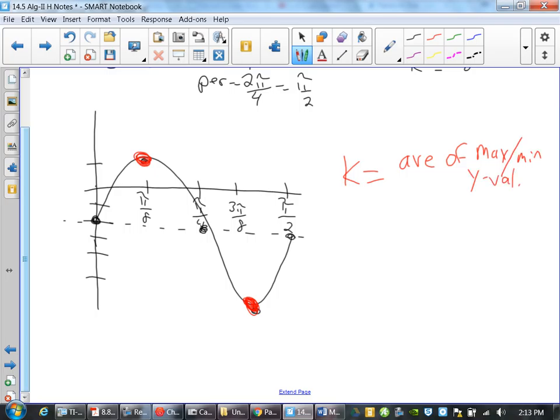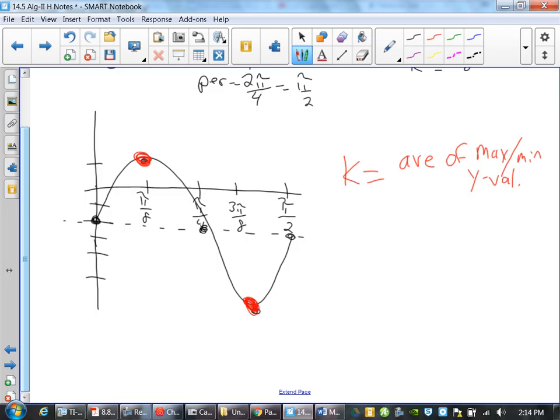I meant the distance between the two, when you cut it in half. Is this just for sine or for cosine? It's the average of your y values.